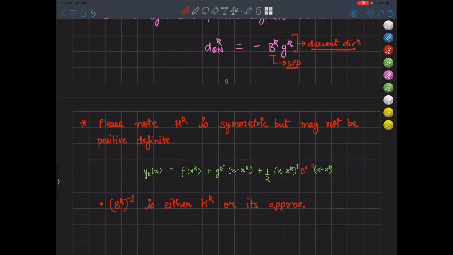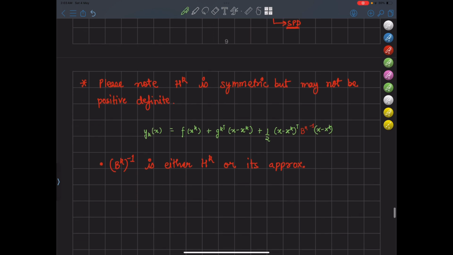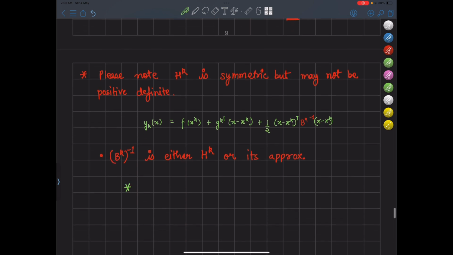And the update step is the same as in earlier algorithms, that is, xk plus 1 equals xk plus alpha k d quasi-Newton k, which is the same as xk minus Bk gk times alpha k. All right.